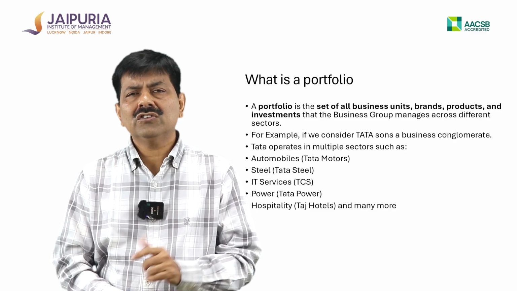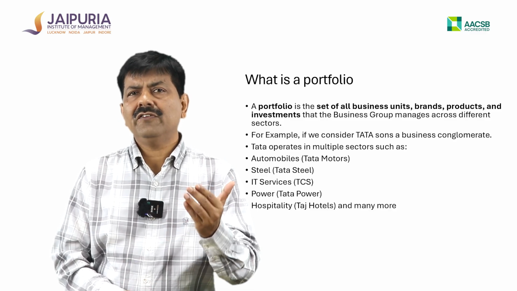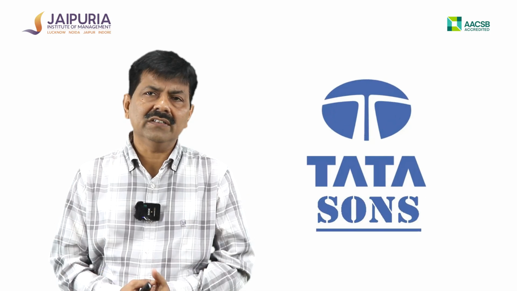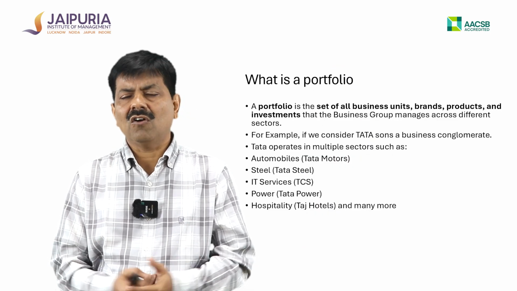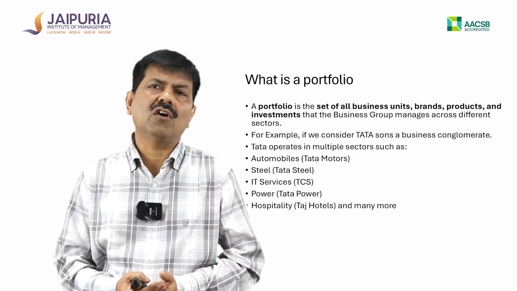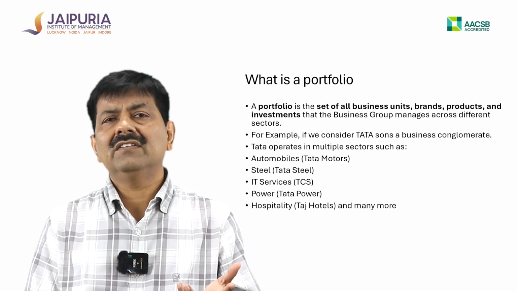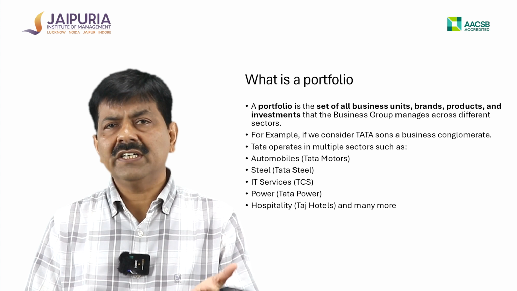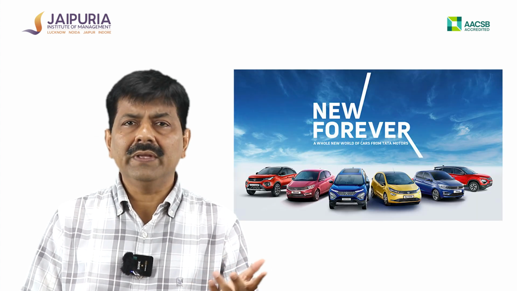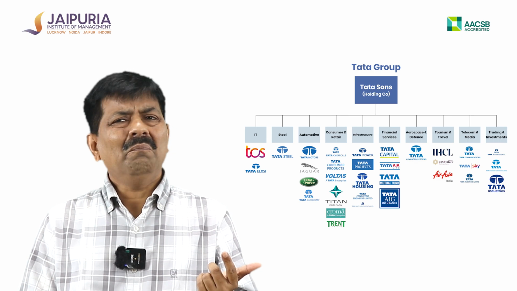So first, folks, let us understand what a portfolio is with an example. Consider Tata Sons, a renowned Indian group, which is a business conglomerate, a company known as a salt to software company. It has a diversified focus, with companies operating in multiple sectors like automobiles, steel, IT services, power, hospitality, and many more.